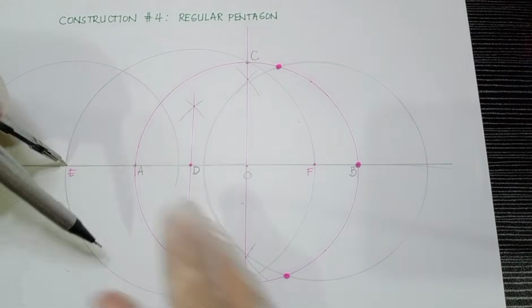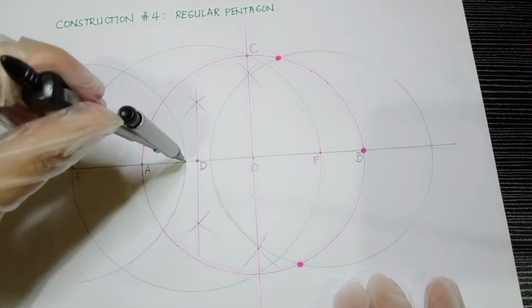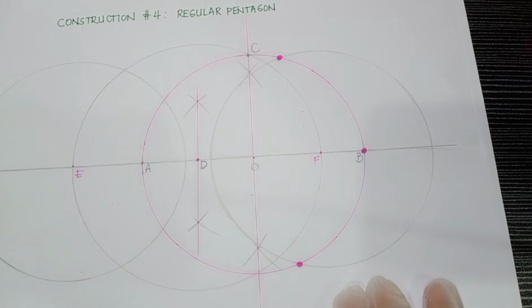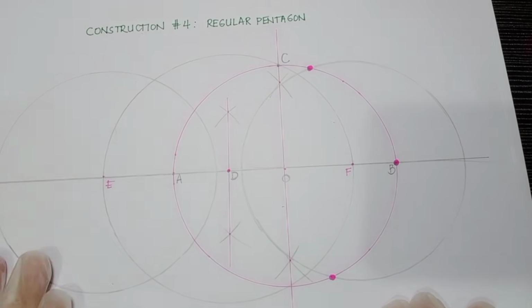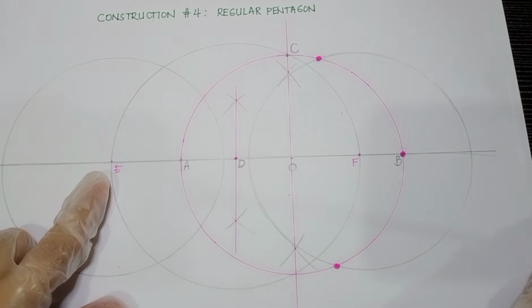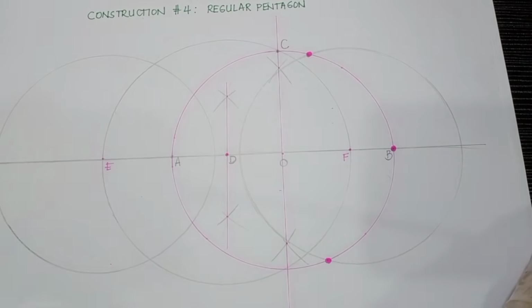Ayan. Okay, so nakagawa na naman tayo ng isa pang circle dito na kung saan ang center po natin ay si point E. Now, ano pong gagawin?